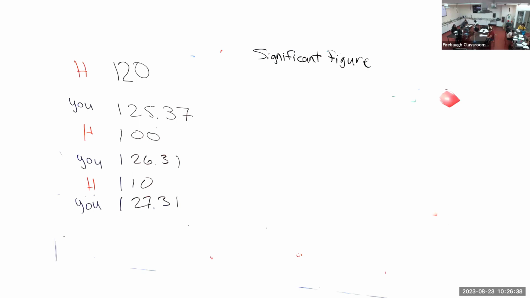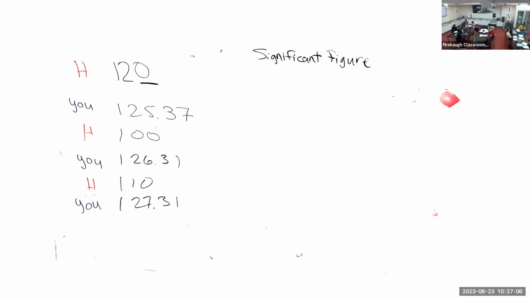You're not 100% sure. She was lazy, she said 120. It was probably 123, she was too lazy to look at the lines to make sure that it was 123. She was just being lazy, right? So, in that situation, if there is a zero following, you can call it a following zero, right? So in this case, this zero would not be significant. We only have two significant figures.